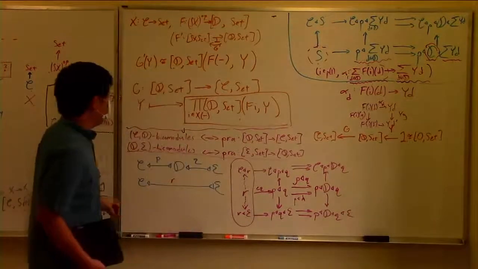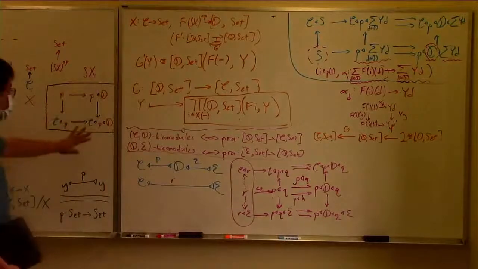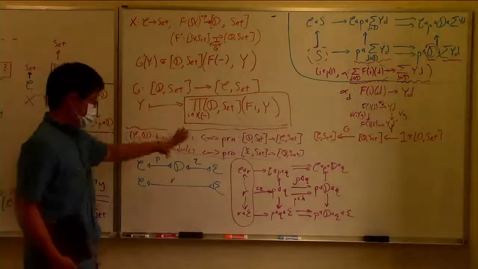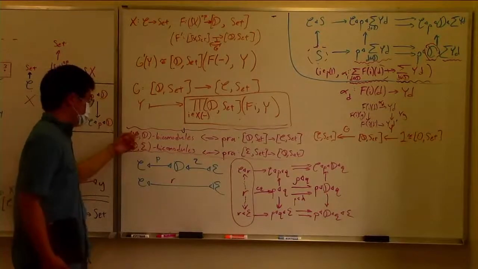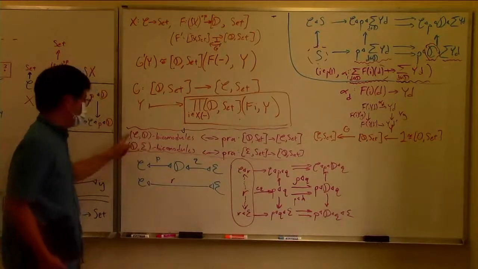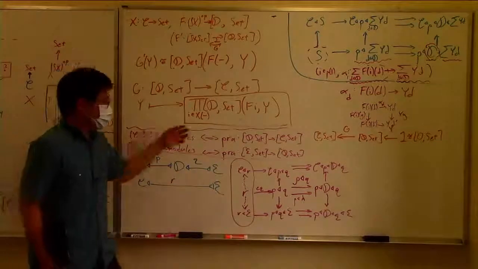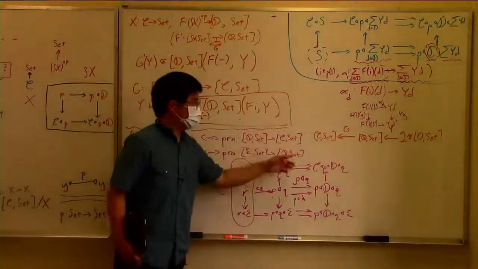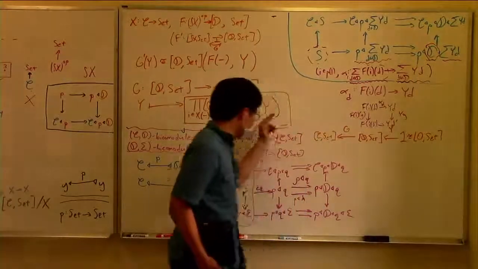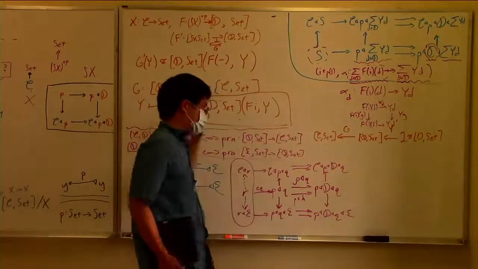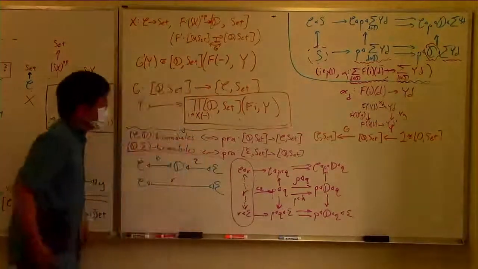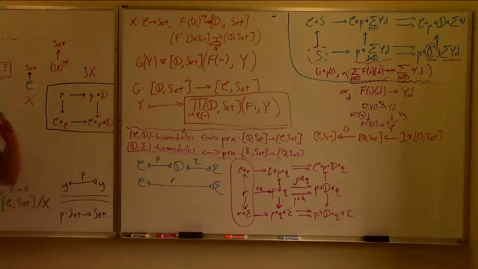And I believe this is actually a little easier to show than this, but it's a similar kind of argument, where you notice that the data of a bicomodule morphism is going to give you something that could be a natural transformation, and you just check that the conditions actually do give you a natural transformation.